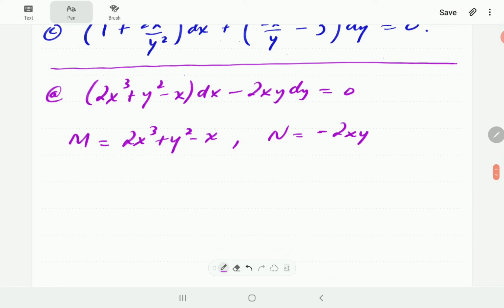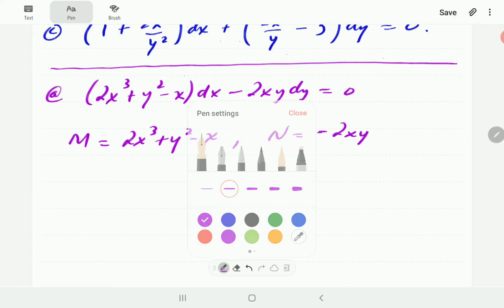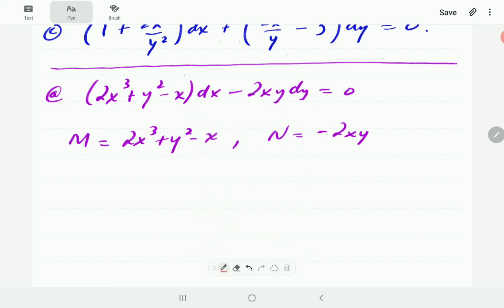Now, if we have not been told anything about this, the first thing we're going to look to do is to see whether we can separate variables here. For N, you can factor out x and y, but for M, you cannot factorize this.